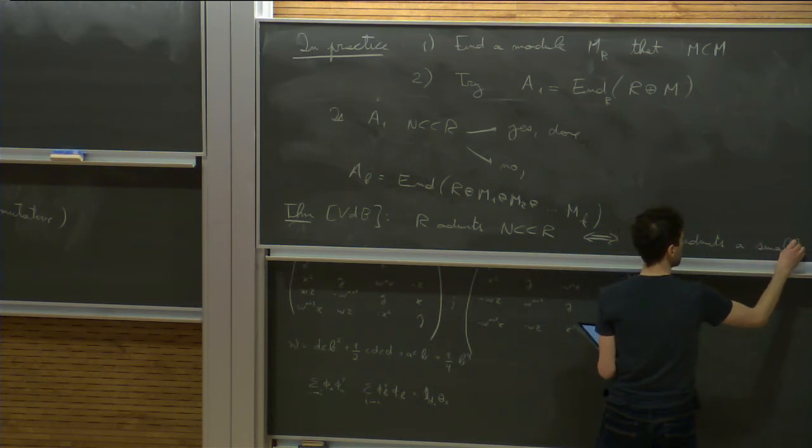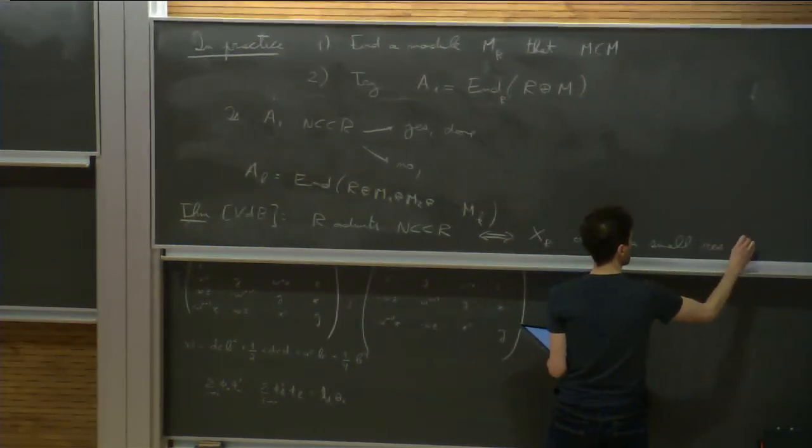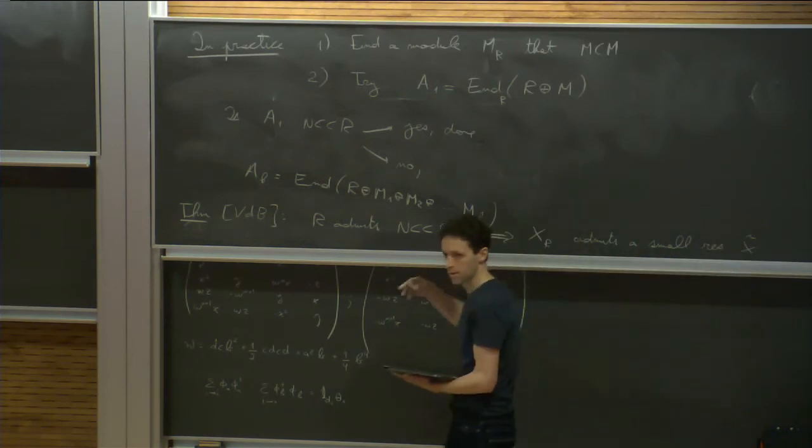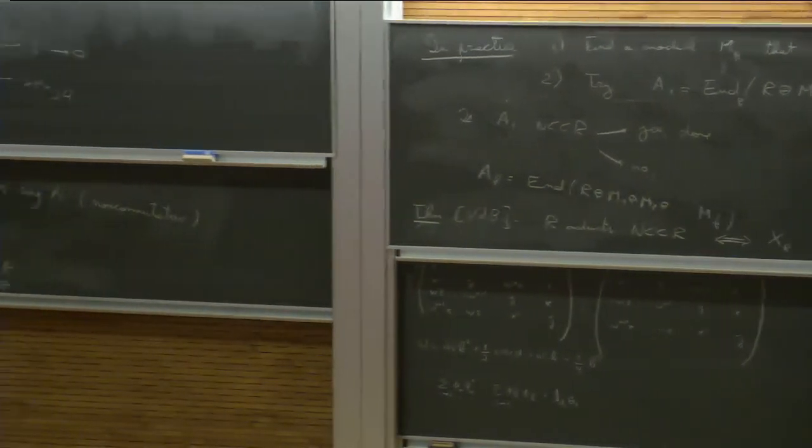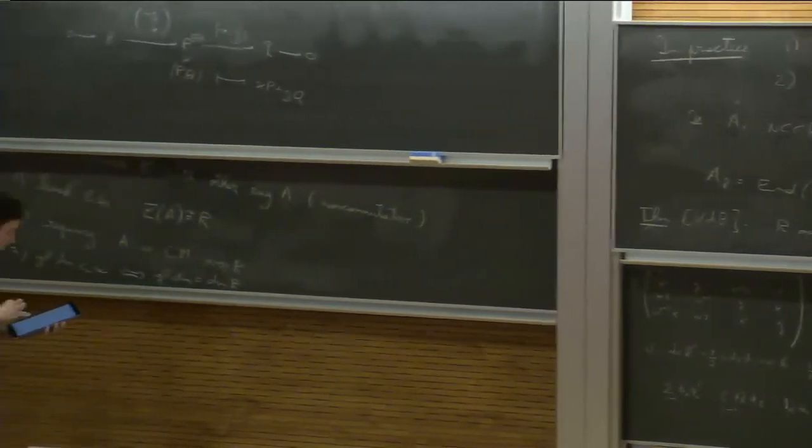So an actual geometric commutative small resolution. So that's already one reason why these NCCRs are useful.